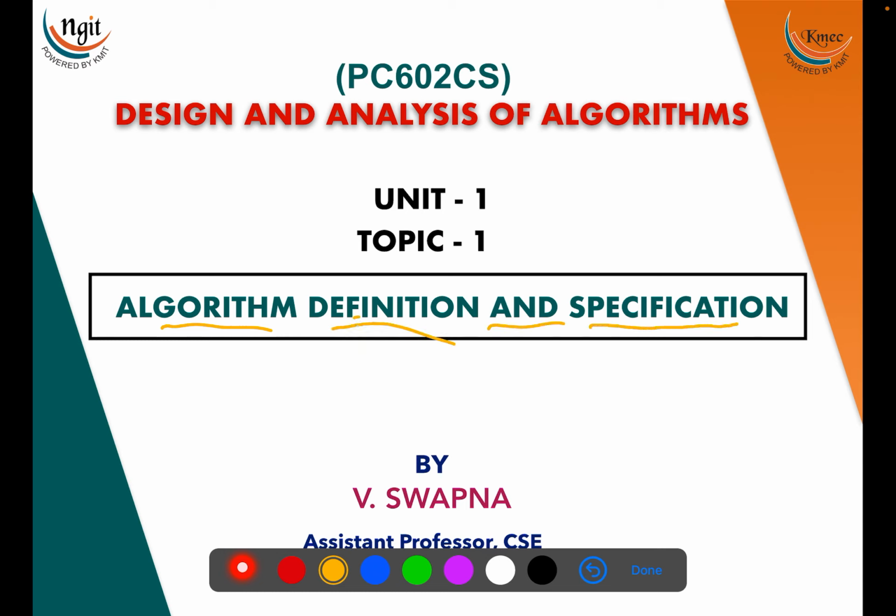The title of this topic gives you more information about what we are going to discuss: what is an algorithm, how to define an algorithm, what are the different properties to define an algorithm, how to specify an algorithm, how to write an algorithm. These are the basic things we are going to cover in this video.